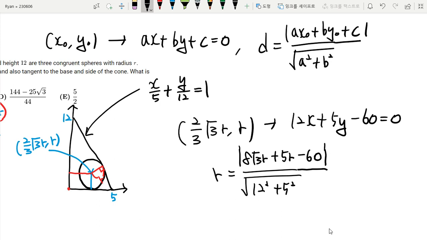And in this case, because the center is located below this line, actually this value is negative. So when you open this absolute value sign, the numerator is negative, so we can change this r to minus r. And then the bottom is 13.